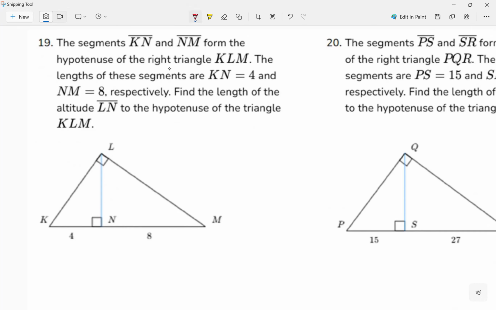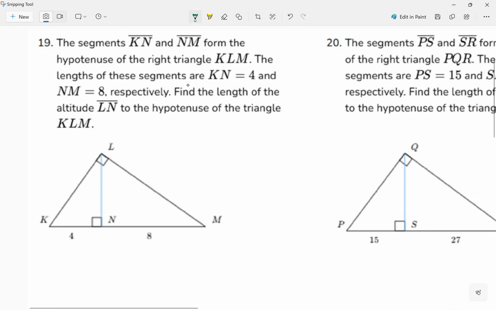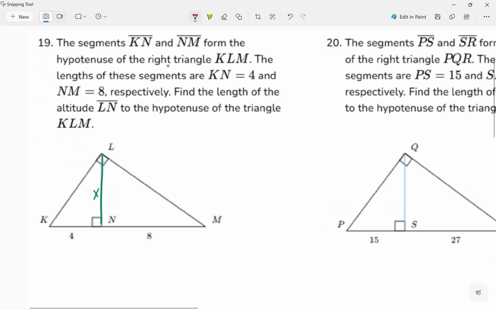Right now, I don't know how big it is, so let me call it X. Let me not use red or blue or black because that's what we used earlier. Let me use green. I'm going to call this side X, and that's what we're trying to solve. Now I'm going to do my small triangle. Earlier, I colored it red. So this is the small side, the medium side, and the large side of the small triangle.